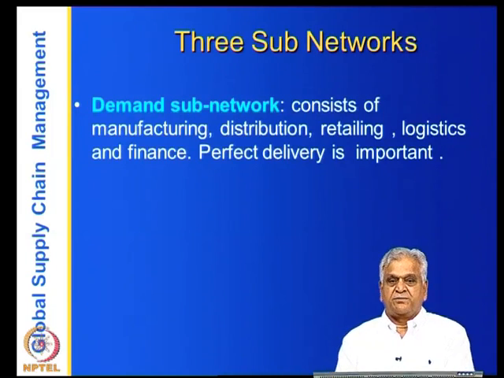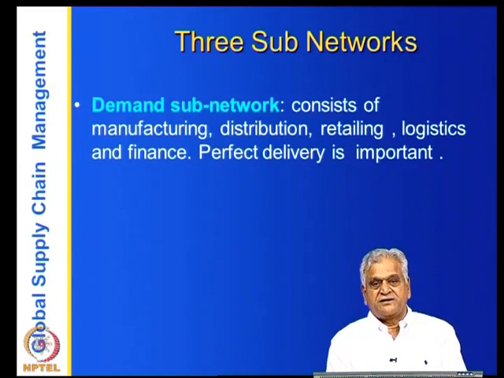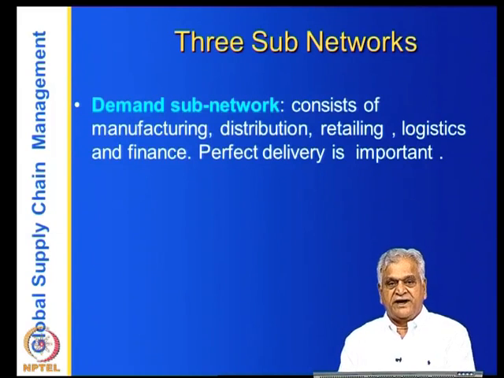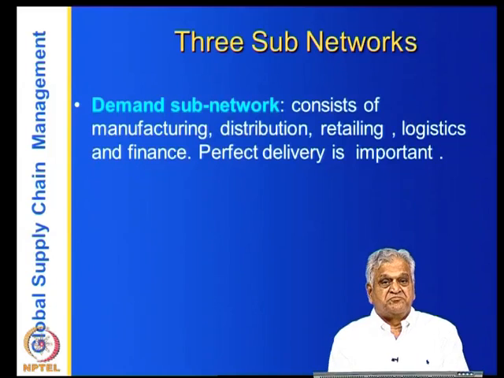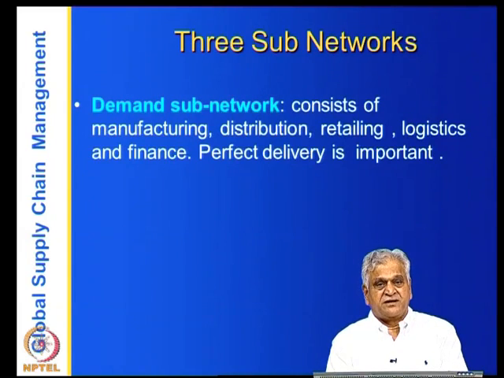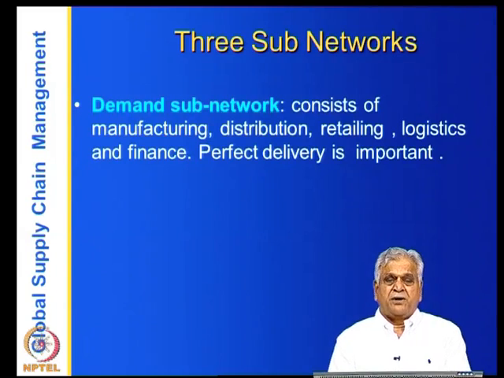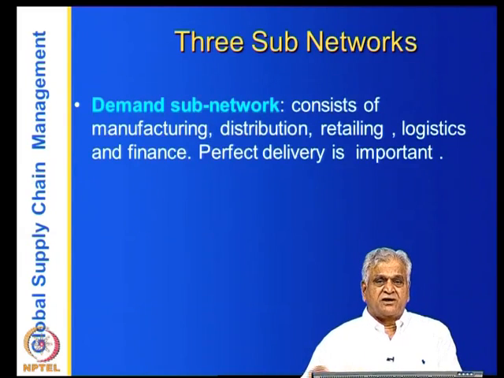First, there could be a defective product, or the product could be delivered late, or there are several other things that can happen, such as it being delivered to the wrong person, and so on. So what is important is a perfect delivery, which is called Six Sigma. That means the defects should be less than 1 in a million.